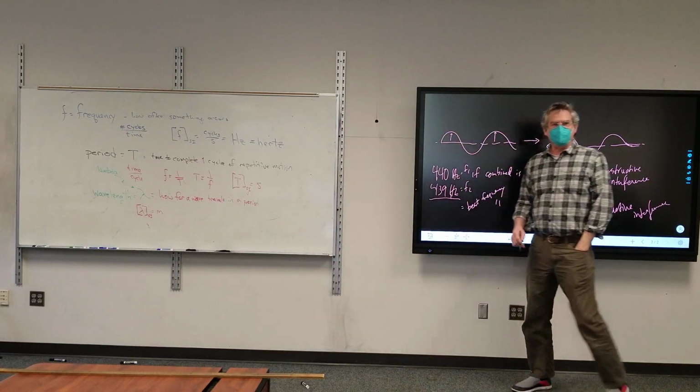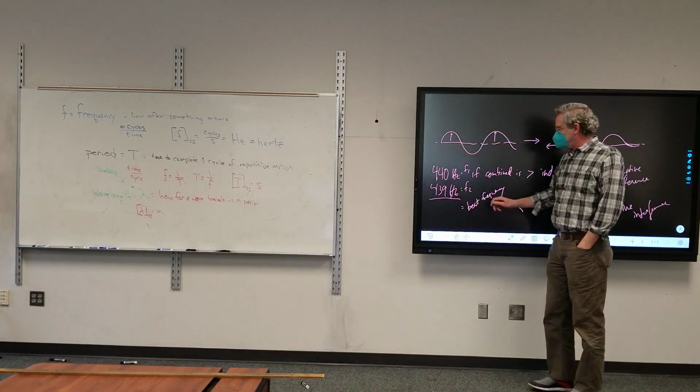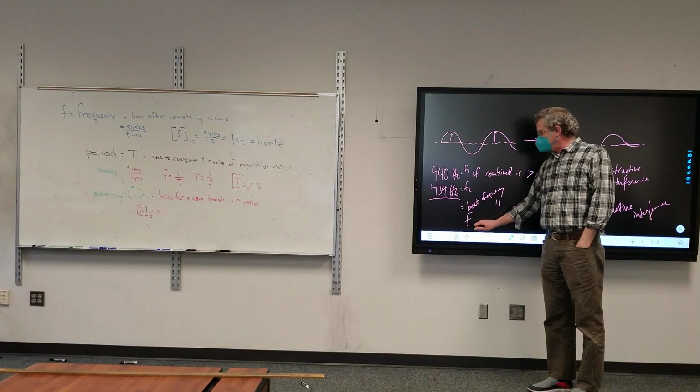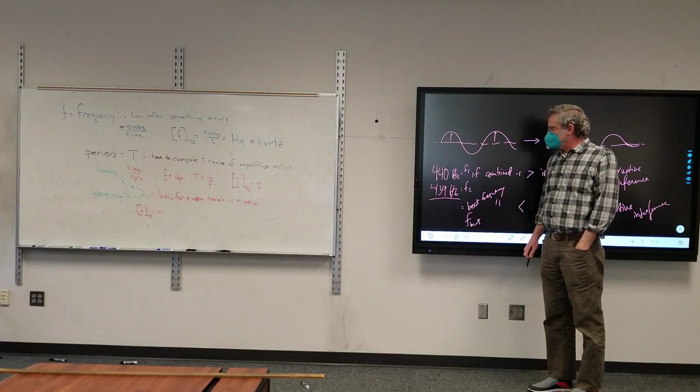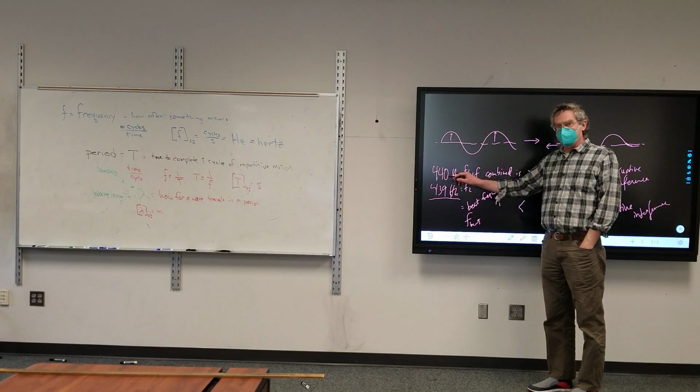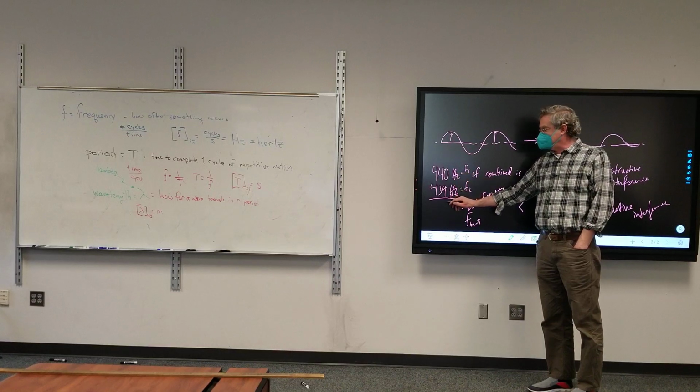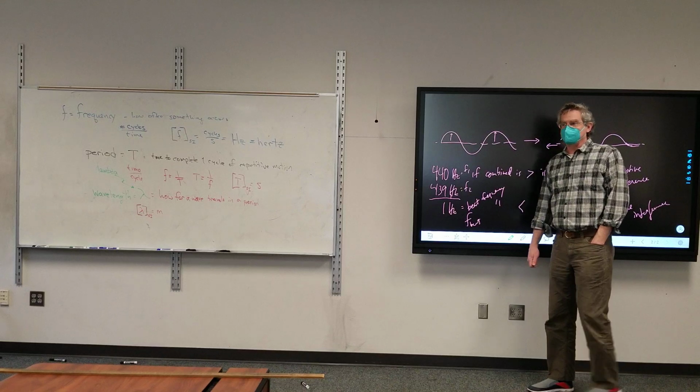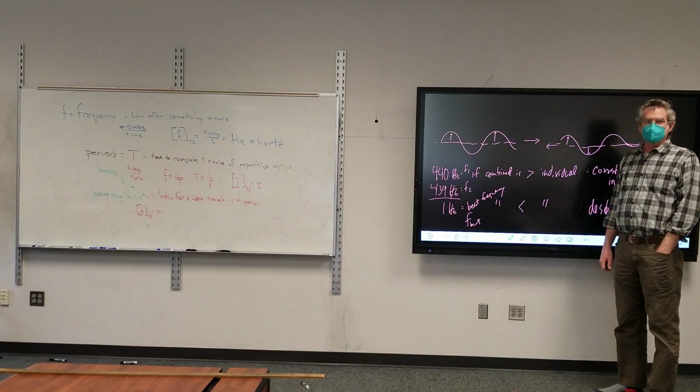Here's the complicated math behind figuring out what the beat frequency is. 440 minus 439 is 1. There's the complex math. Just take the difference.